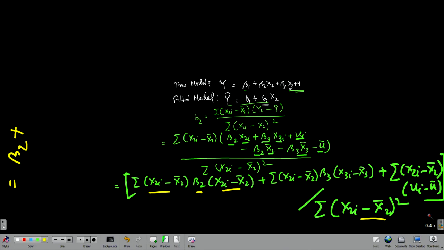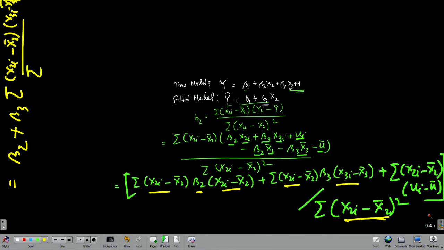Then in this term you again get this term and this term. So, x2i minus x2 bar into x3i minus x3 bar with a beta 3, but the denominator is different. Okay. So, what you get is this beta 3 into summation x2i minus x2 bar into x3i minus x3 bar by summation of x2i minus x2 bar squared.